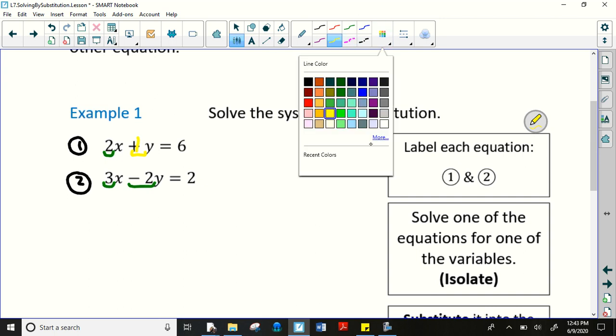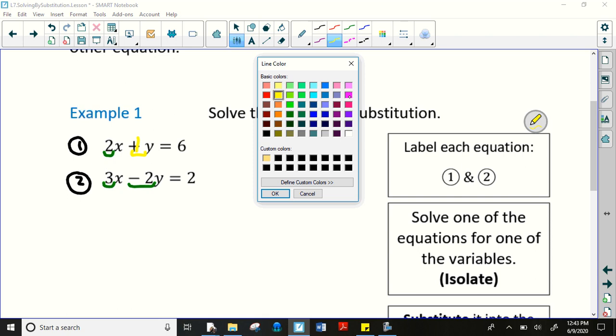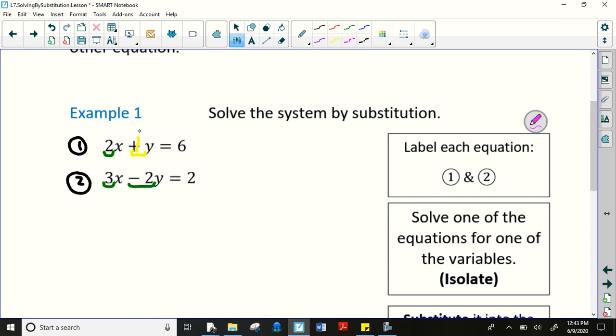That's what you're looking for. You want to find one of the variables. If it can be positive, you want it to be positive. But if it's not positive, that's an easy last step to fix. But you're trying to find the one that has a numerical coefficient of 1 in front of it.